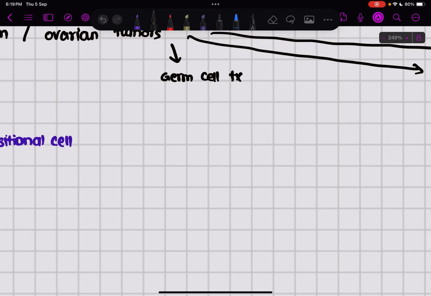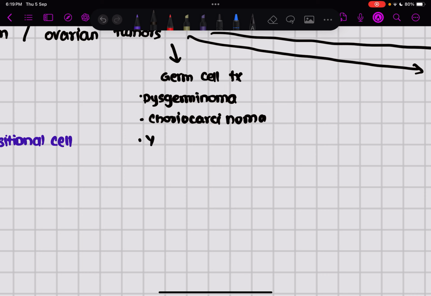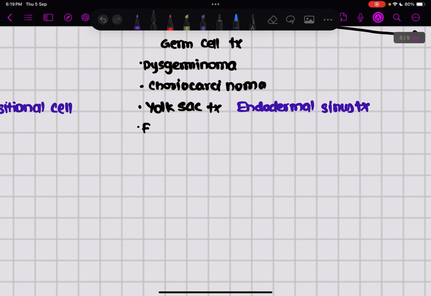Now, germ cell tumors include the following: dysgerminoma, which is the counterpart of seminoma from testicular tumors, choriocarcinoma, yolk sac tumor, also known as endodermal sinus tumor, and embryonal carcinoma.